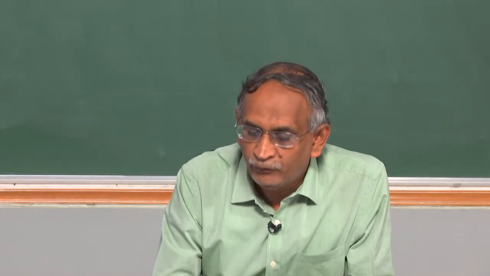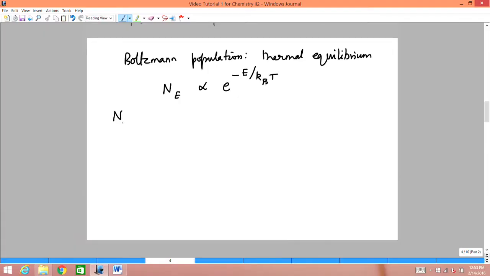If the energy level is non-degenerate, that is, it's only one state for one energy, this is the formula. Therefore, if you are looking at the number in the energy state E1 versus the number in the energy state E0, since the proportionality constant is the same for both of them, the ratio is exponential minus E1 by kBT with exponential minus E0 by kBT, where kB is the Boltzmann constant.